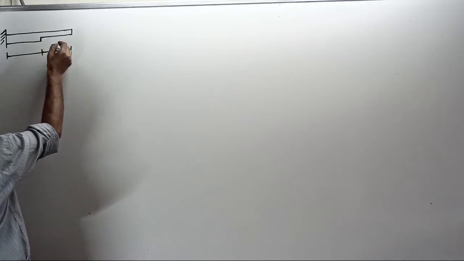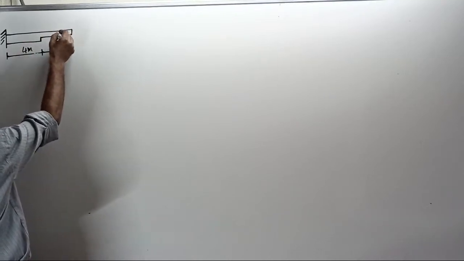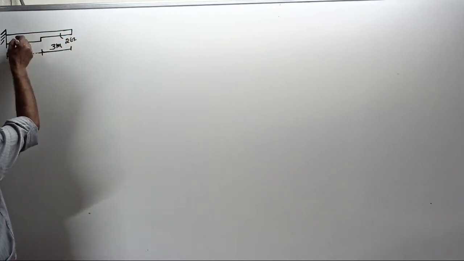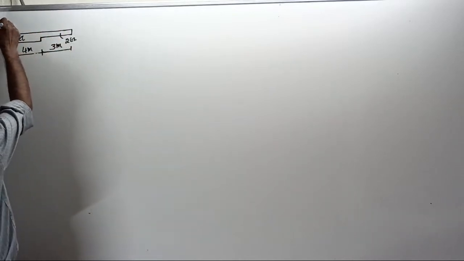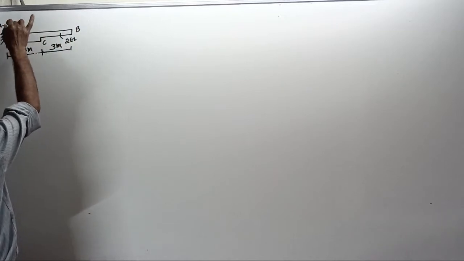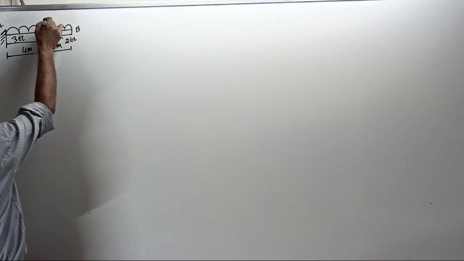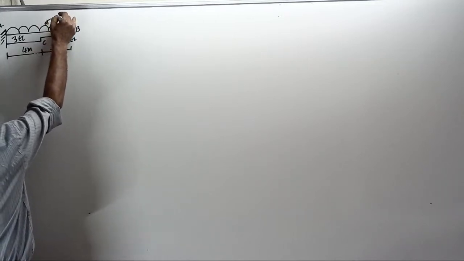This is 3 meter, this is 4 meter. I'll take it the same way. This is 2 EI, this is 3 EI. Everything same, ABC all same. And not a point load, but subjected to UDL. This is very important. UDL of anything, say, 30 kilonewton per meter.